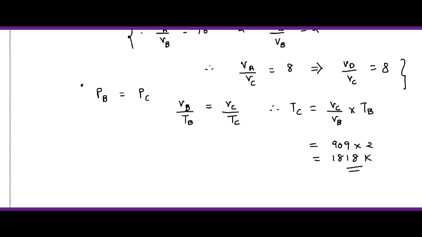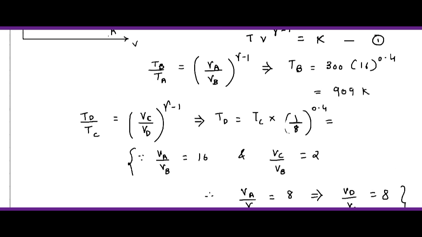So we will use TC as 1818 into 1 by 8 raised to 0.4.